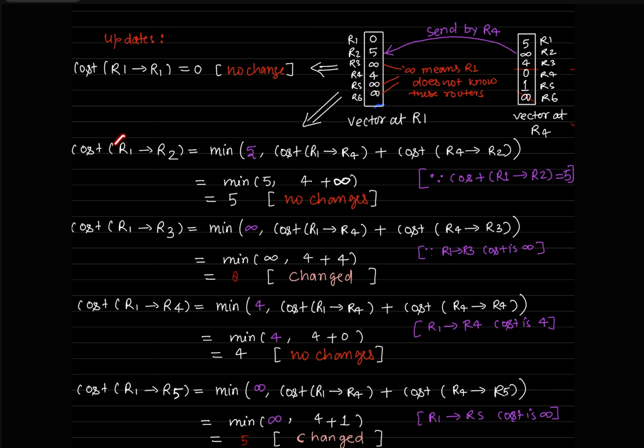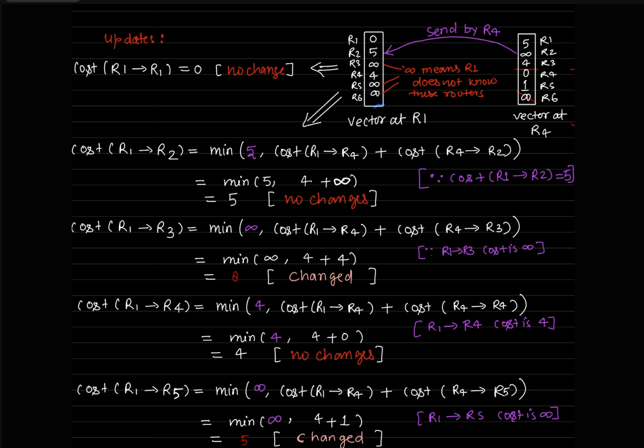Can we reach R2 via the R4 vector with a cost of less than 5? If it is possible, then you compute: from R1 to R4 you go first, then from R4 to R2 you go, and compute the path.